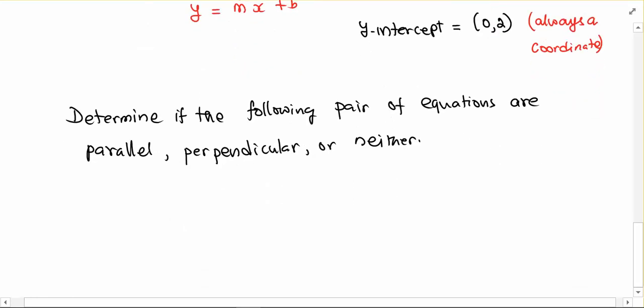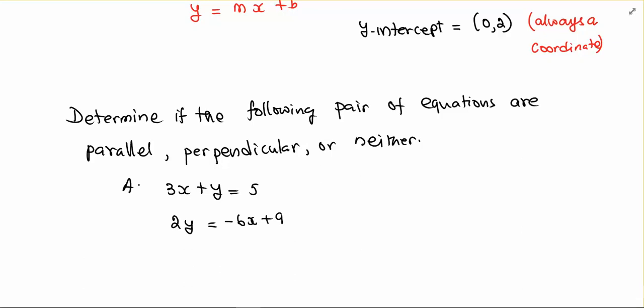And what are the equations? A would be 3x plus y equals 5, and 2y equals minus 6x plus 9.